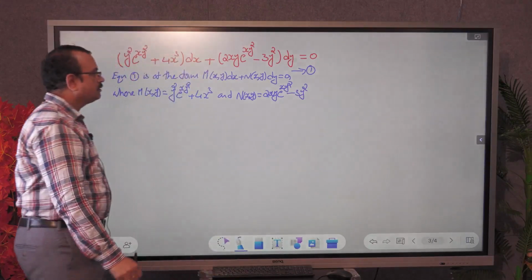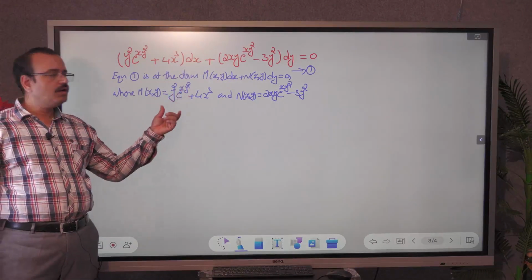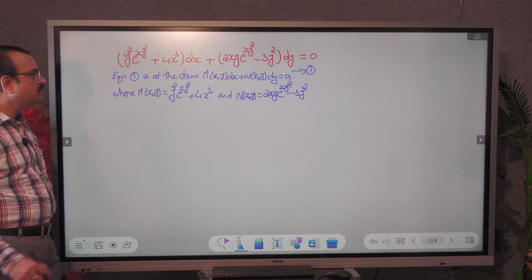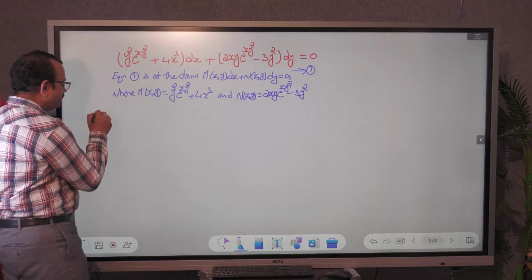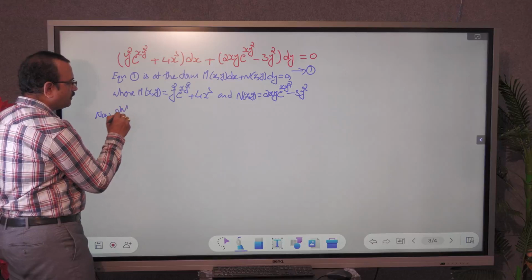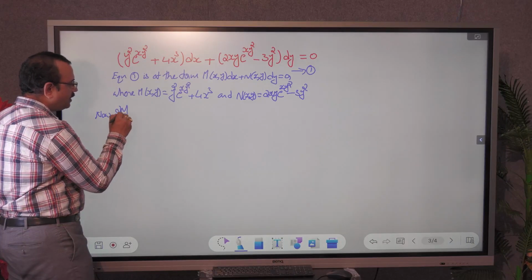Okay, so these are M and N. Now we will find out the partial derivatives with respect to y and x respectively. First of all we will find the partial derivative of M with respect to y. Now we are going to calculate dou M by dou y.